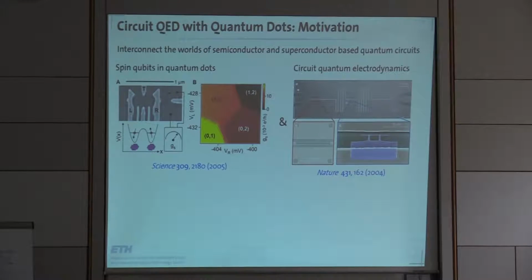One of my personal motivations for doing this in our lab was that my personal expertise clearly came from the superconducting circuits end of things. My impression was that there's a lot of nice technology that has been developed for performing measurements on superconducting circuits that I thought could also be interesting to use in the context of semiconductor structures.